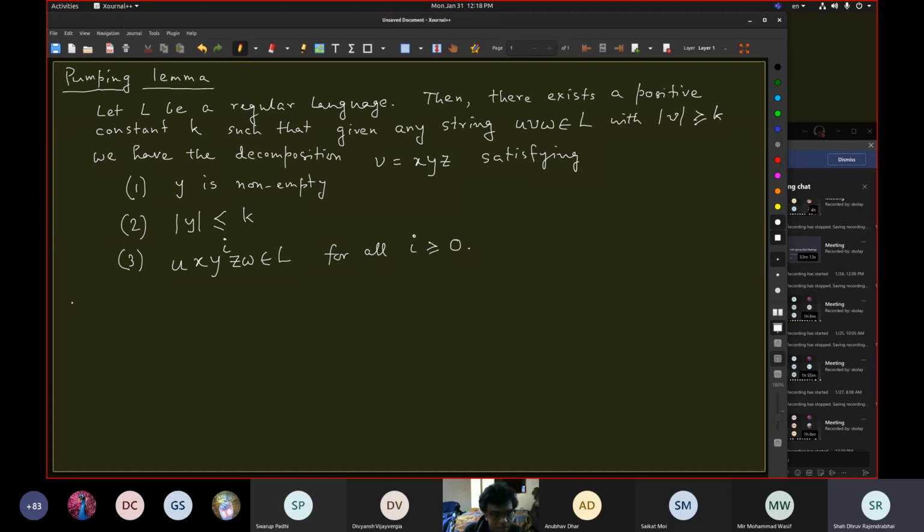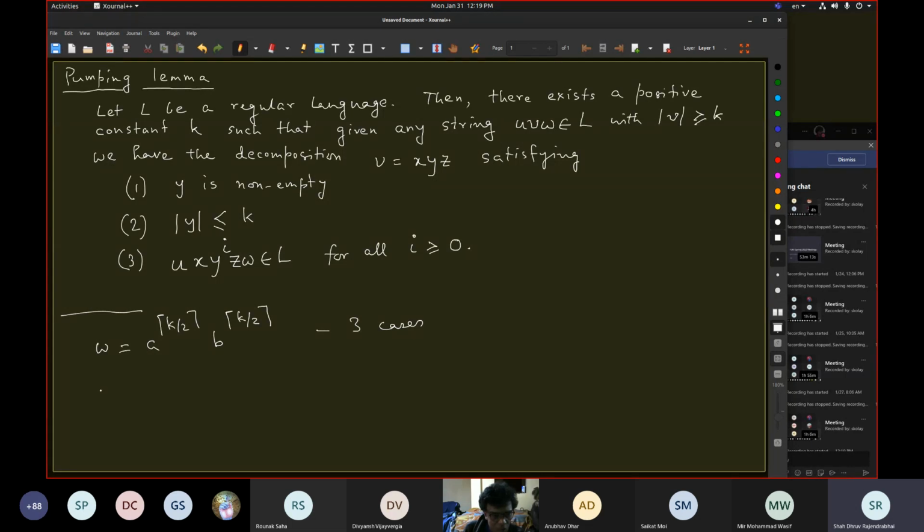Sir, what is the purpose of separately taking U, V, W? In the previous class, we just took that L is a regular language, then we can break down the string as X, Y, Z. Of course, we have done it. So you just recall. We first took w equal to a power k by 2, b power k by 2, and we had to solve 3 cases: Y completely inside a's, completely inside b's, and consisting of some a's and some b's.